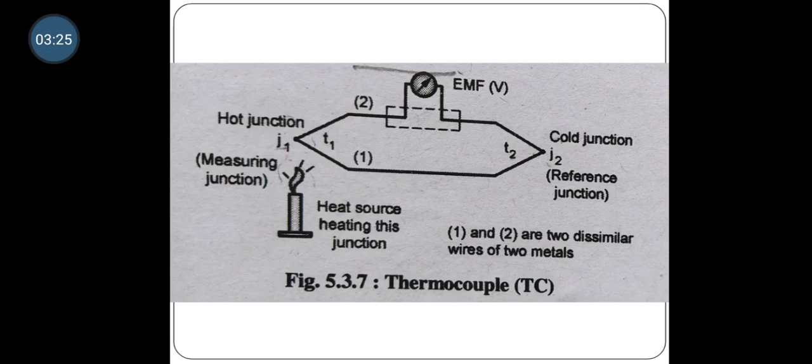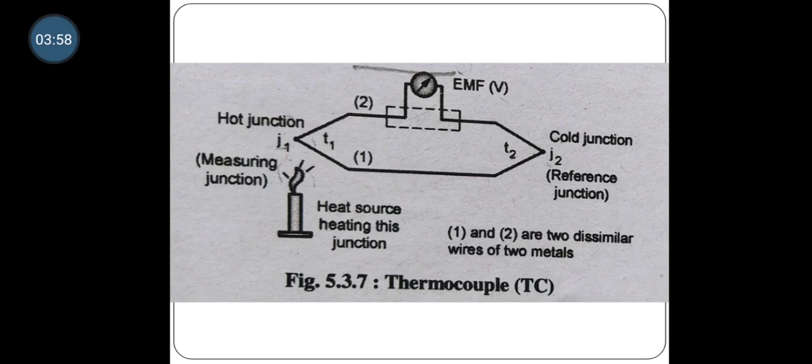Due to the temperature difference there is development of an electromotive force, EMF. Due to this EMF, current flows through the thermocouple. The flow of current is shown by the galvanometer. When there is no current, the galvanometer shows a null deflection, that is zero deflection. But if current flows through the galvanometer, the pointer vibrates.